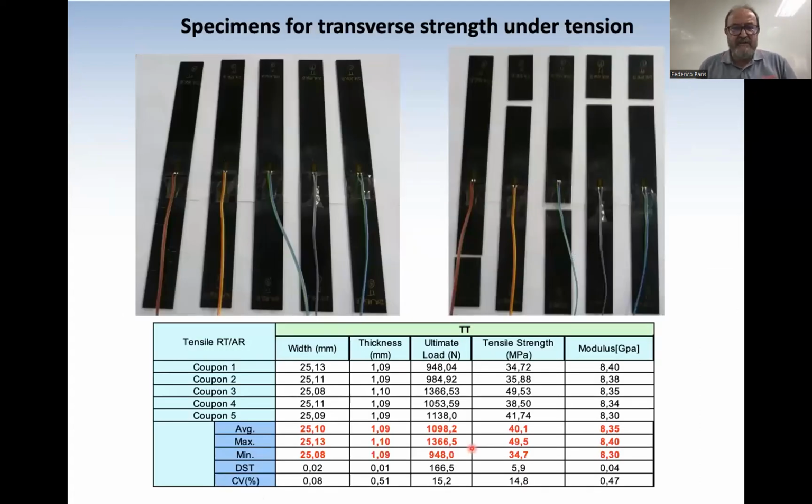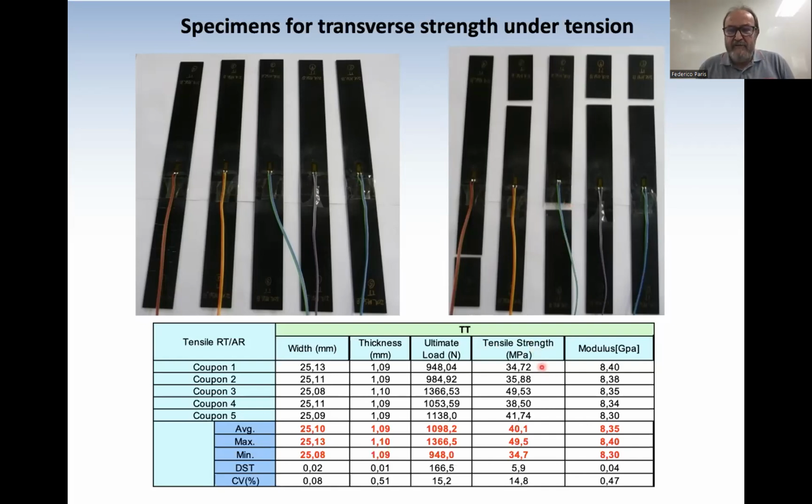On the left-hand side, you have the specimens. The strain gauges are put on to determine modulus; we are now interested just in strength. On the right-hand side, you have the broken specimen. Typically, what happens under tension is that the differences between the values obtained, whether ultimate load or tensile strength, can be quite significant.